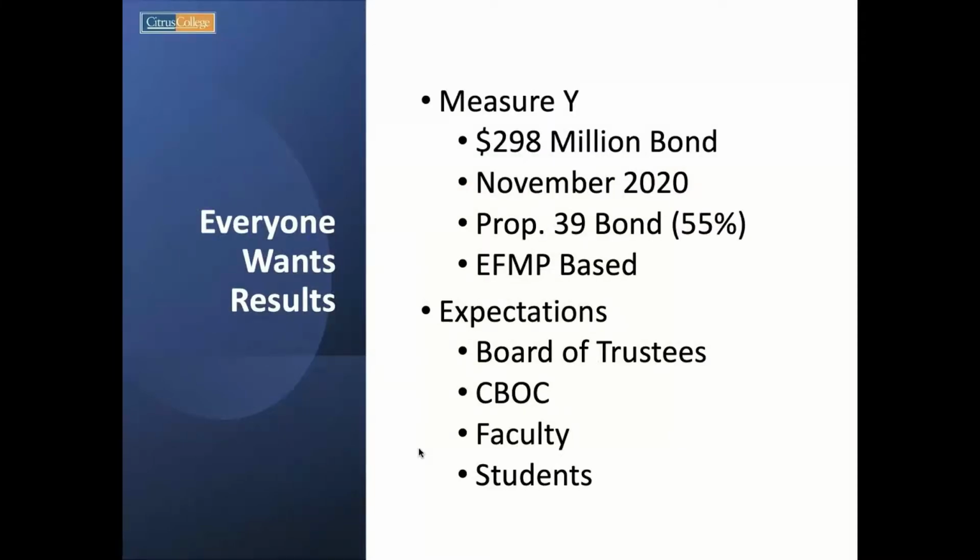Right in the very beginning, everybody wants to see results. Recall from last time we talked about Measure Y. That is the Citrus Community College District General Obligation Bond that was passed in November of 2020. It is a Proposition 39 bond, which means that we lowered the approval rate down to 55% from two-thirds.